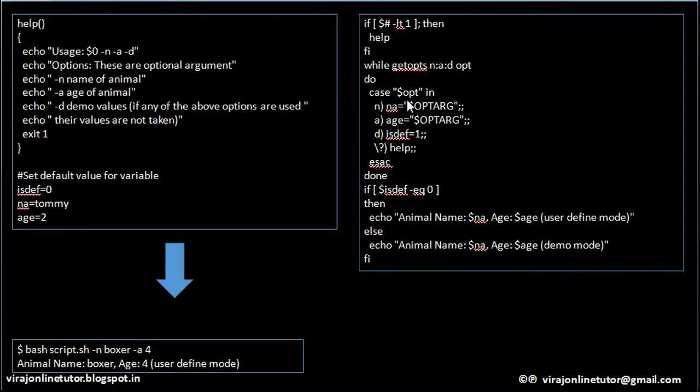So here opt contains n, and it will match this particular line, and it will save the value provided for this option n. What is the value provided for option n by the user? Boxer. So boxer is the value provided by the user for parameter n. OPTARG is an inbuilt terminology for getting the value associated with an option. So boxer will be assigned to NA.